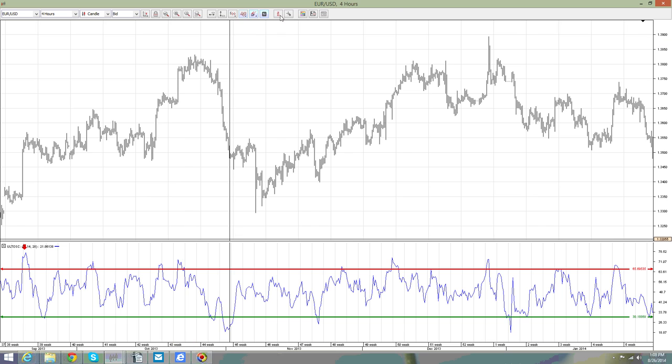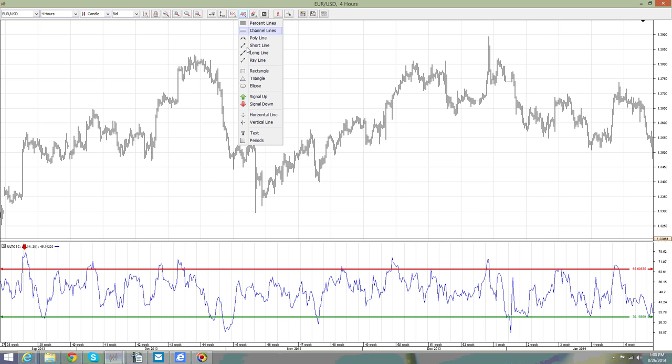Then of course, the market goes and trades into the oversold territory, and there is a moment of time we would like to buy call options. And again, moving on, now every time the 65 level is broken, not here as you can see, but here, we buy put options, and the market makes a correction.